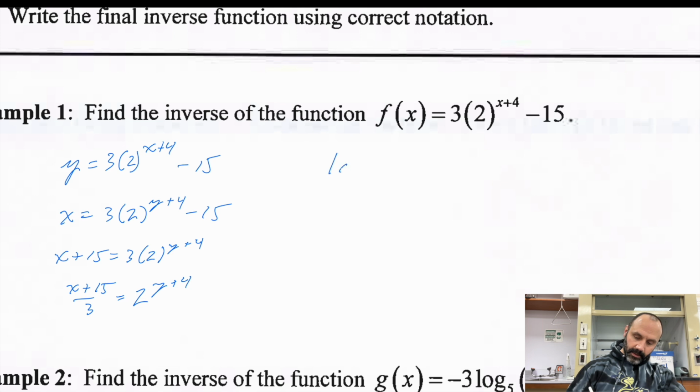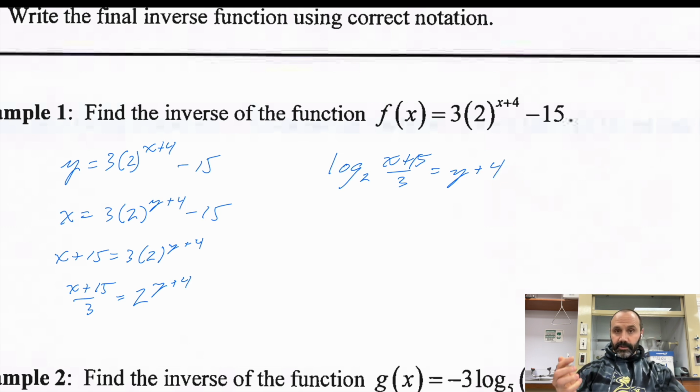So this is log base 2 of x plus 15 over 3 equals y plus 4. And now I just solve for y, subtract 4 from both sides.